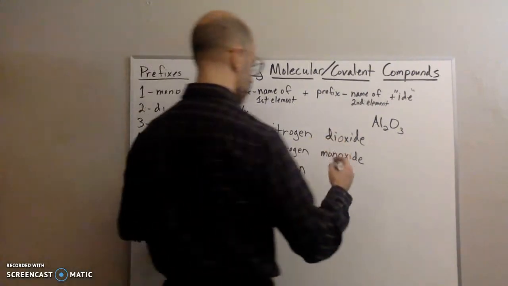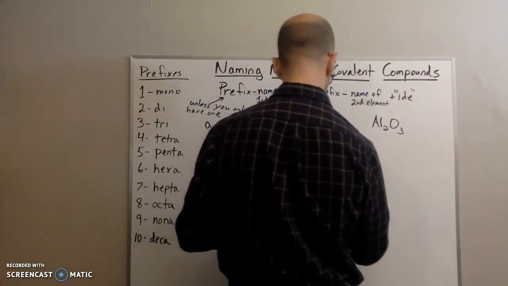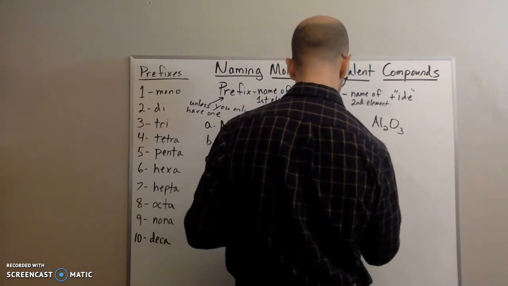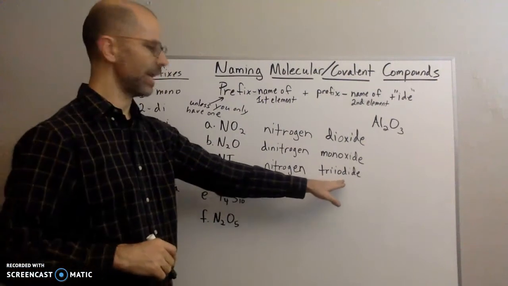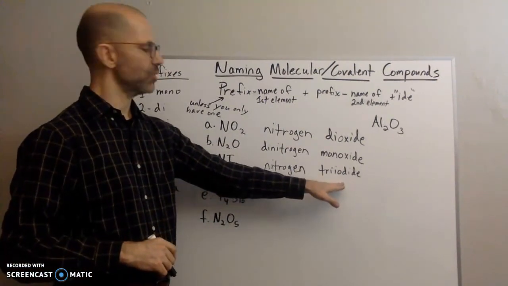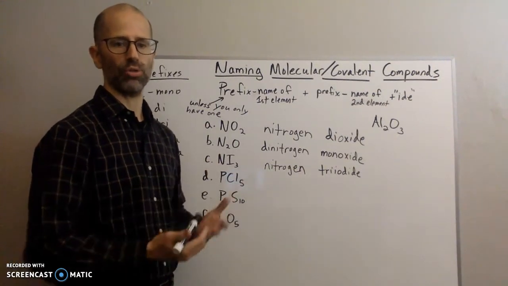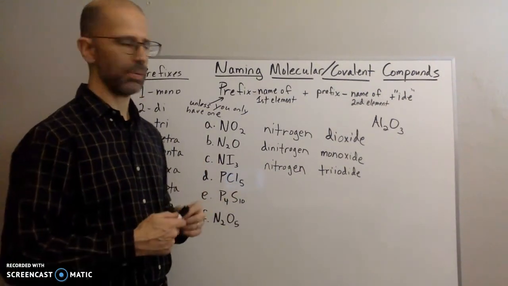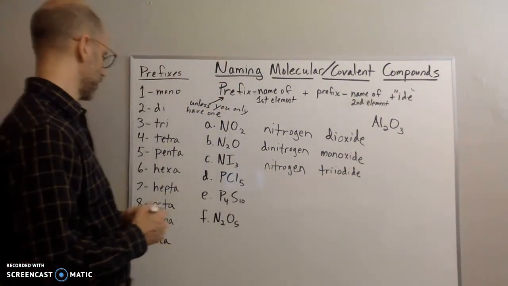I'm going to drop the ending at IDE. So this would be triiodide. And you'll notice that I keep both I's. In this case, triiodide sounds good. It rolls off the tongue. It's not hard to pronounce. So I keep both I's, triiodide.